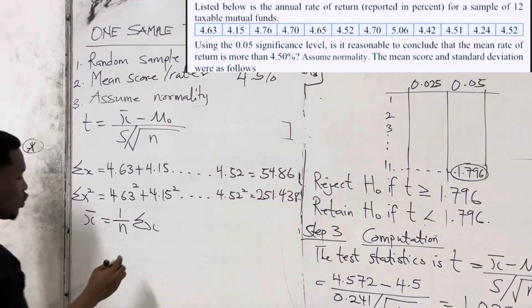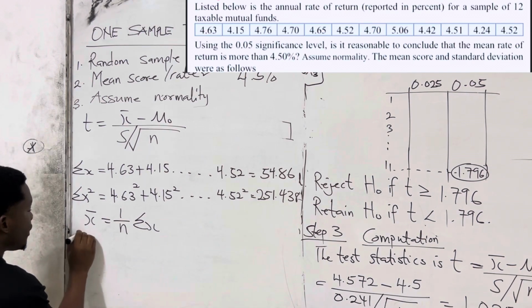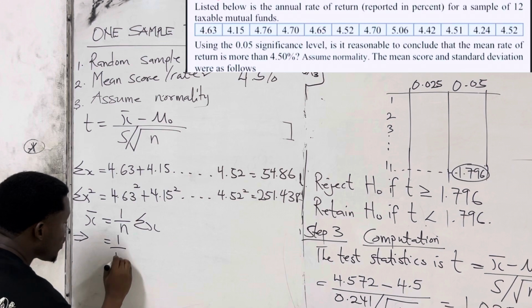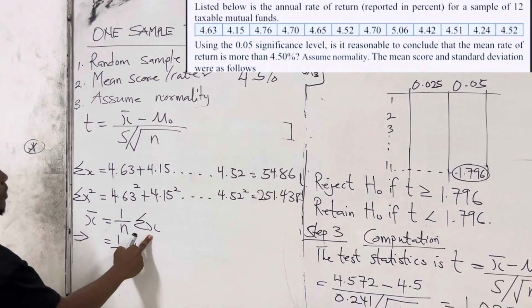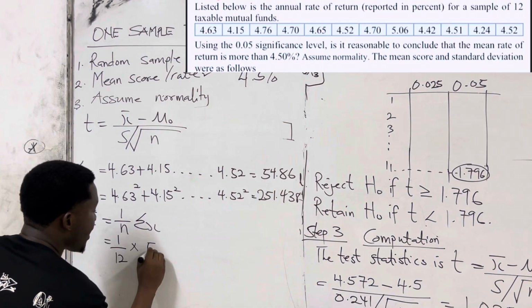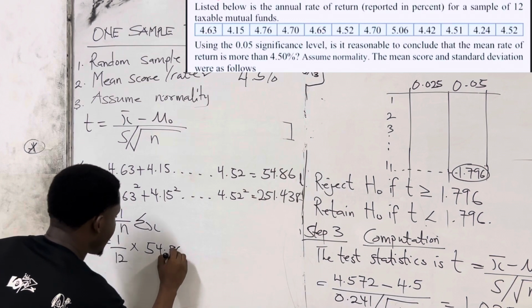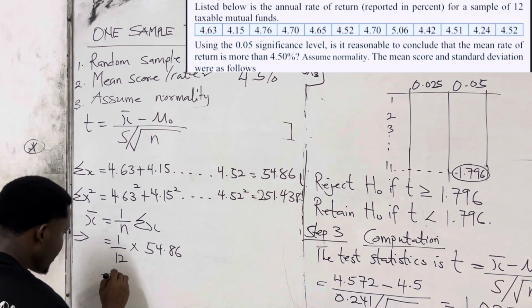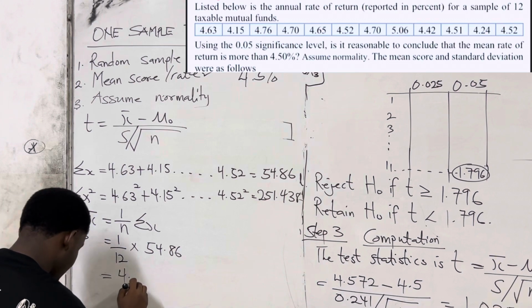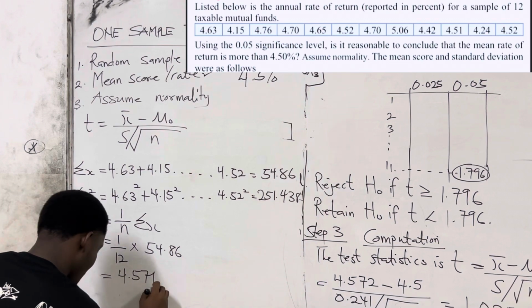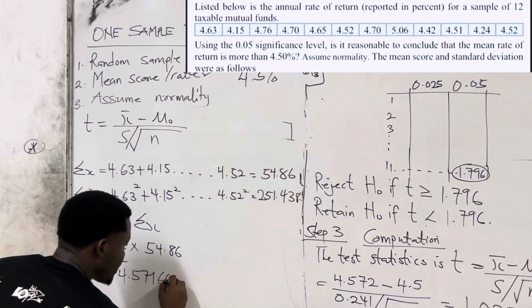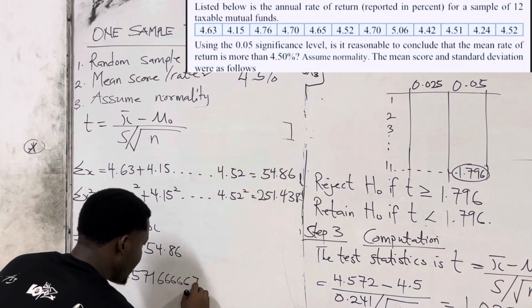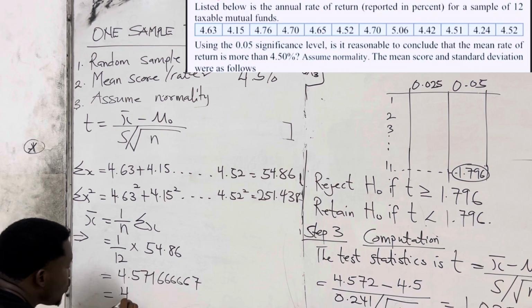This is the formula. N is 12, it has been given to us already, multiplying the summation of x, which is 54.86. That will give us 4.5716666.